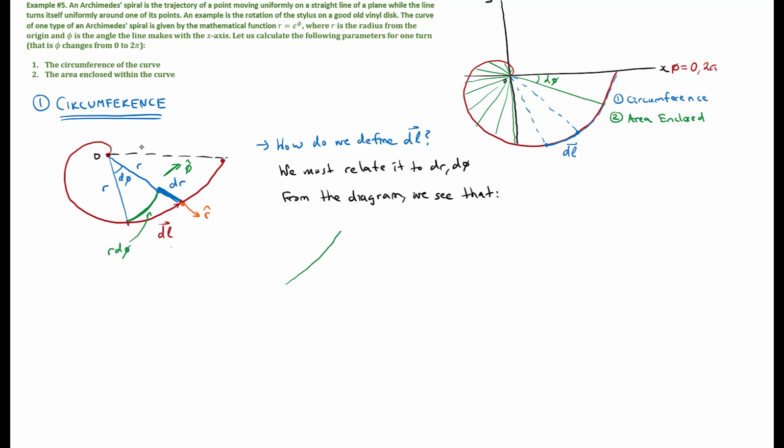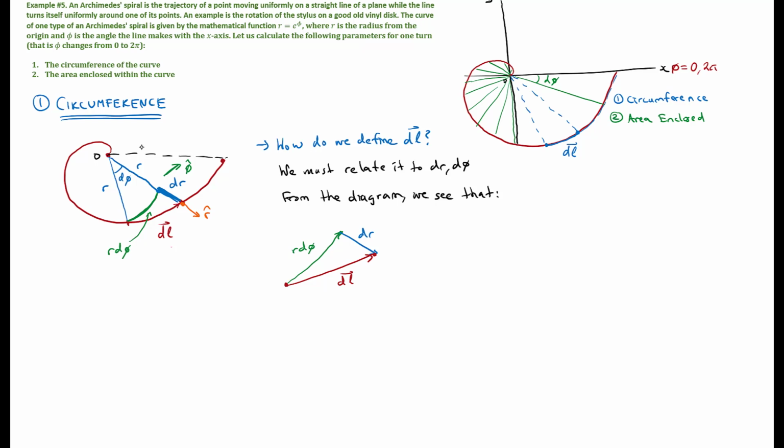We have r d phi going this way, and then we have dr going this way. So vector tail to tip addition. We then have dl going this way as the resultant.